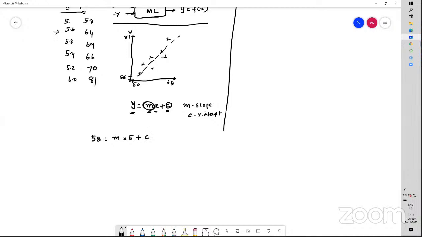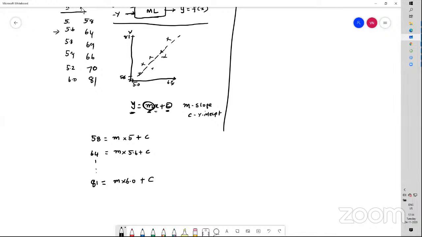Second observation, 64 is equal to m into 5.6 plus c. Similarly, for the last observation, 81 is equal to m into 6 plus some c. Okay, this is good enough.